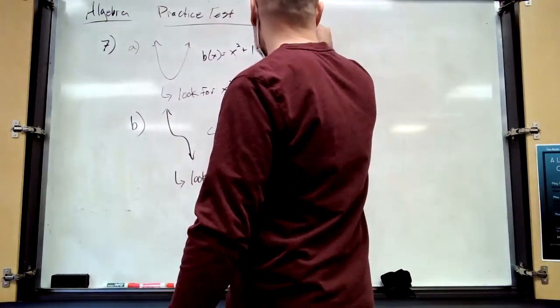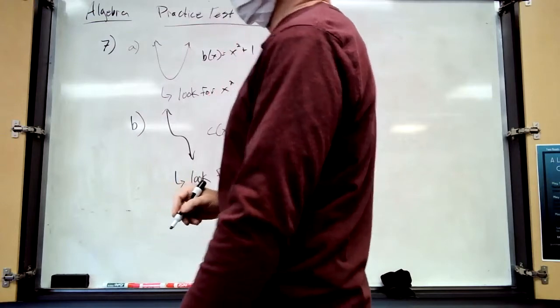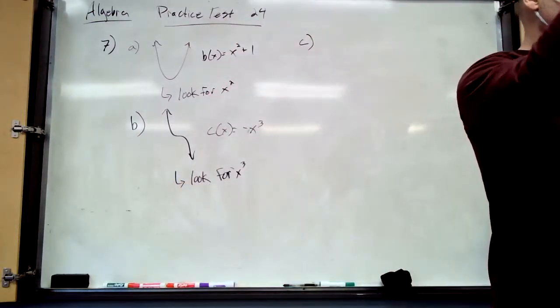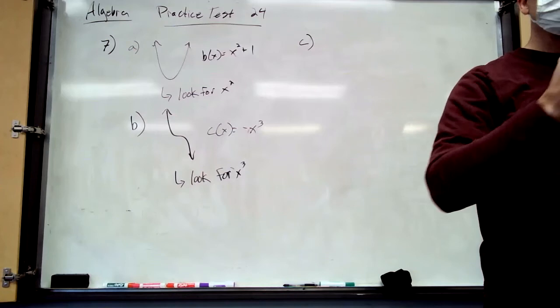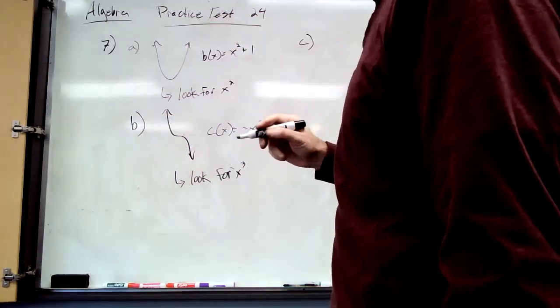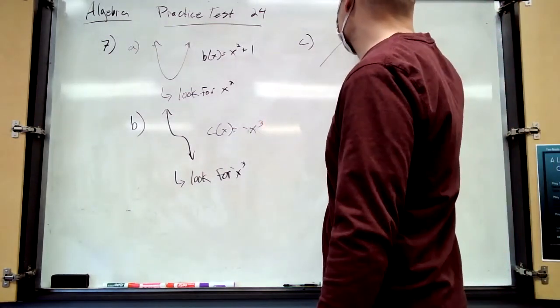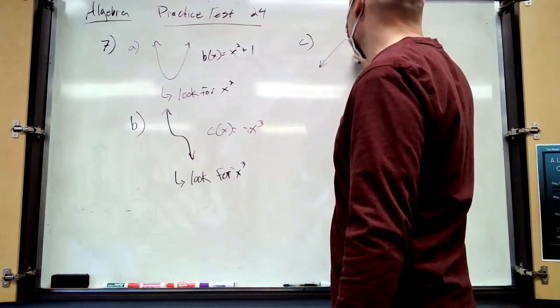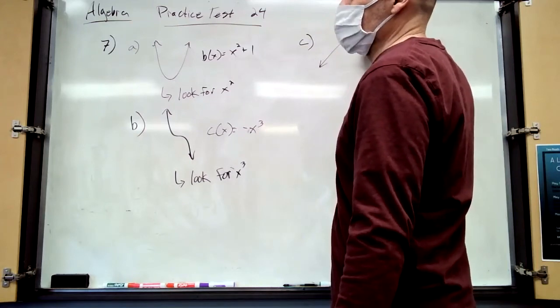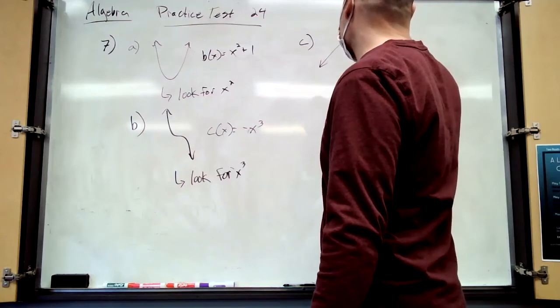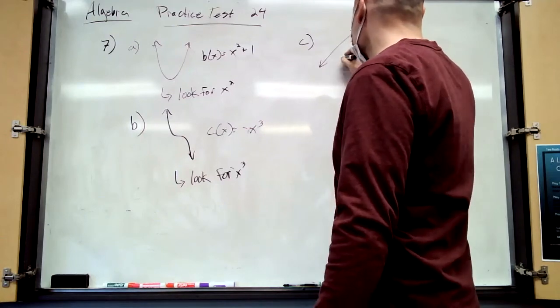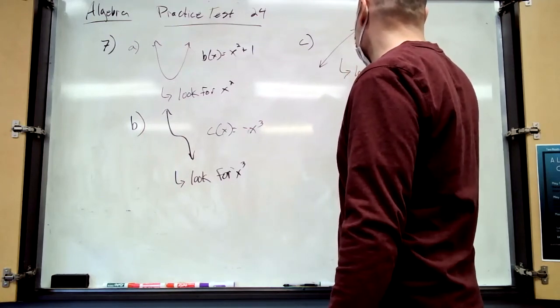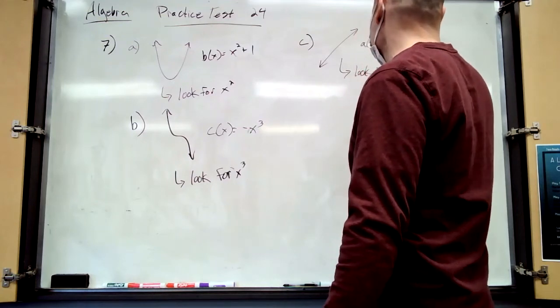All right, what about the next one? Well, that's just a line. Lines have a degree of 1 or a dimension of 1. So which equation is that? x plus 2. Yeah, it's just that first one. A of x equals x plus 2. So you're just looking for just an x.